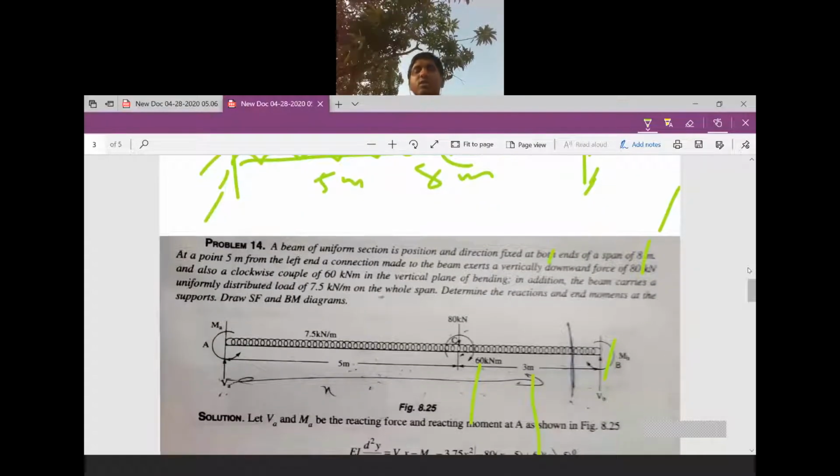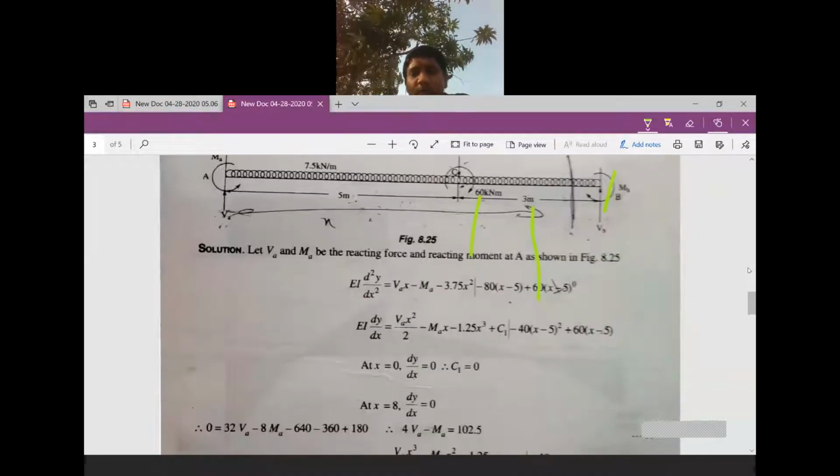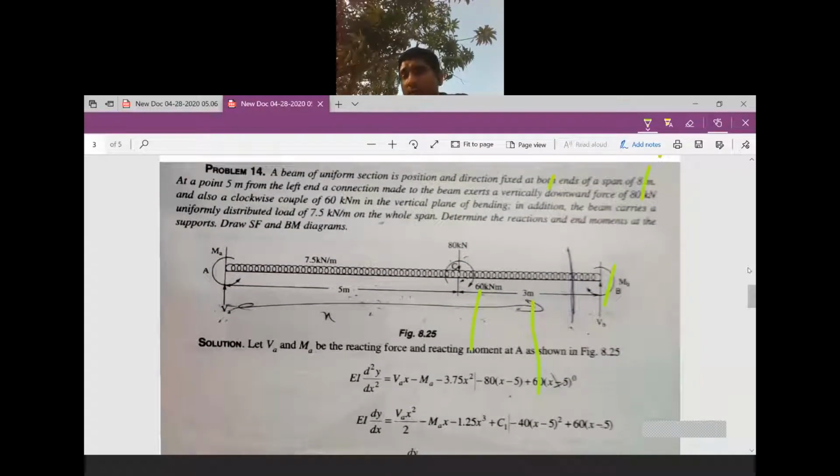Determine the reactions and moments at the supports and draw the shear force and bending moment diagrams. So first you have to calculate the reactions and moments.